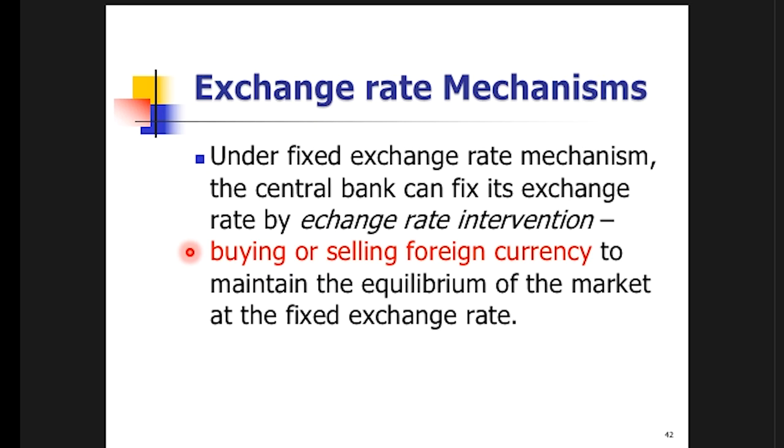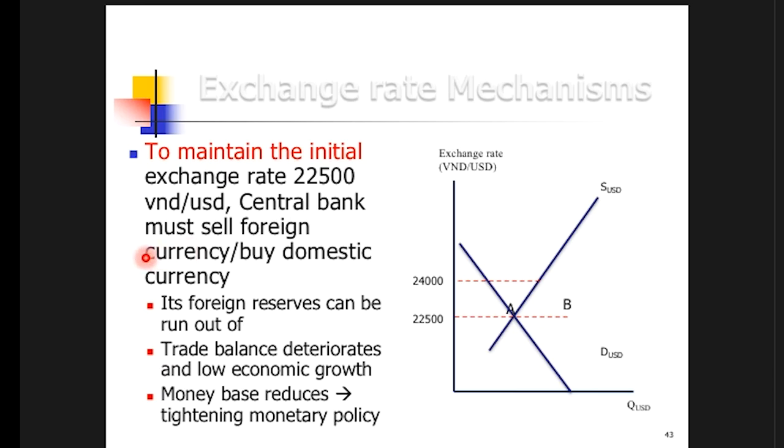So now we can look at the two typical interventions by the central bank. Firstly, the exchange rate is now 22,500 Vietnam dong for 1 US dollar.